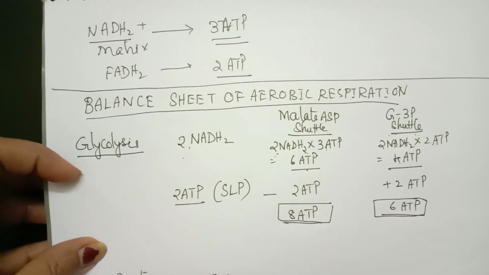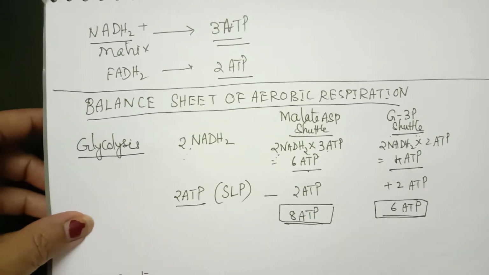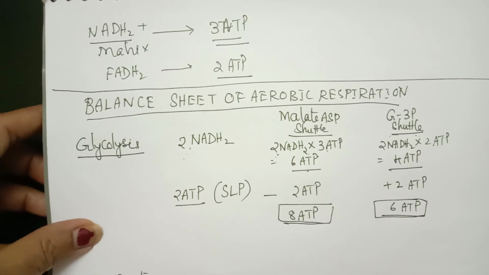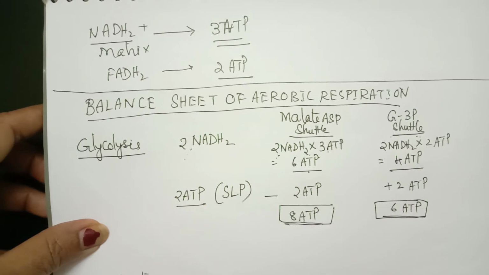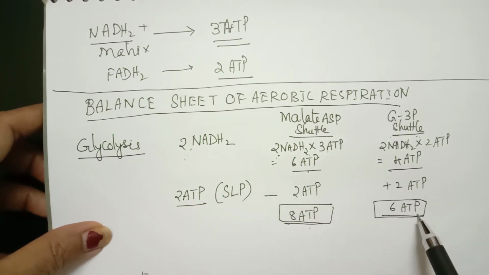And there is substrate level phosphorylation also, at 2 places. So, net yield will be 2 ATP because 2 are consumed and 2 are net. So that's how we write 2 ATP here, and a total of 8 ATP and 6 ATP.